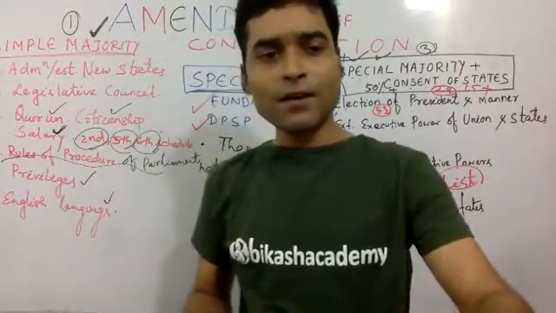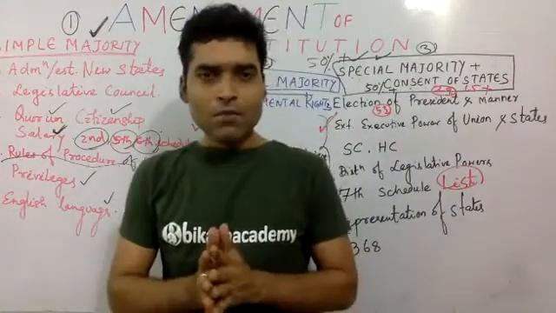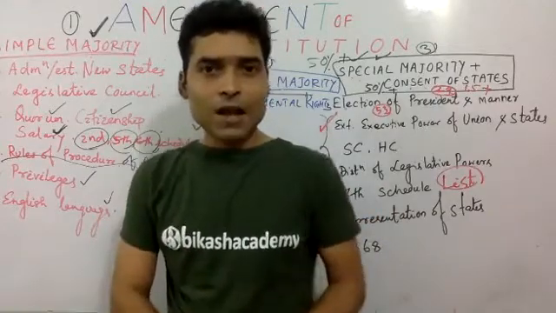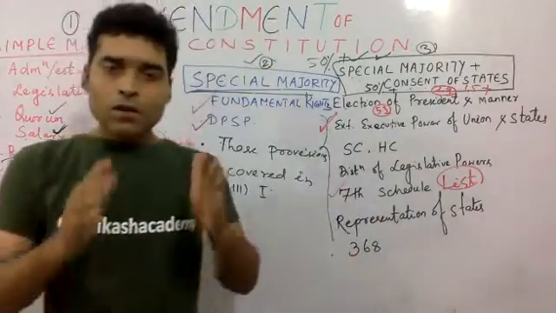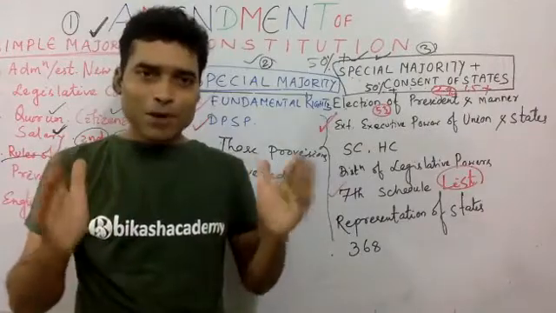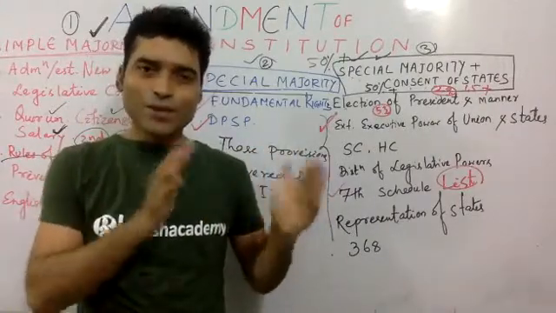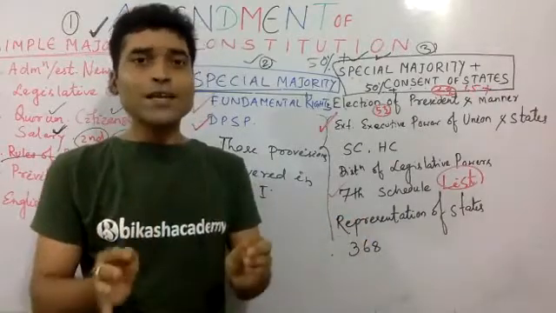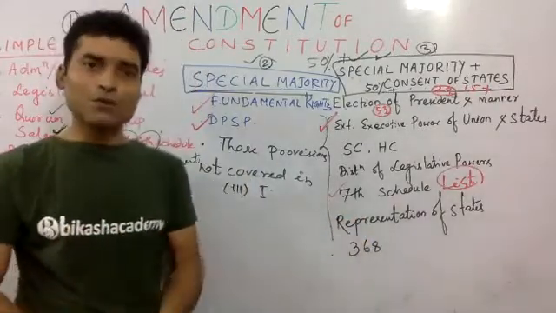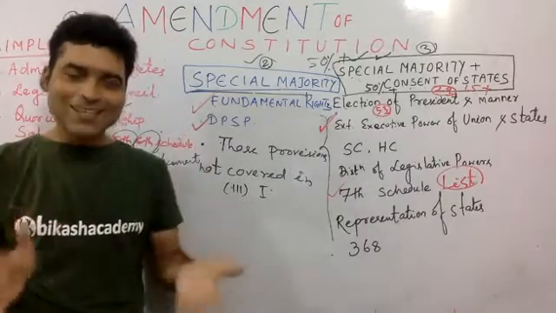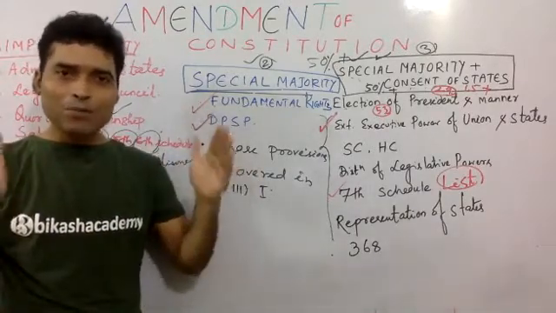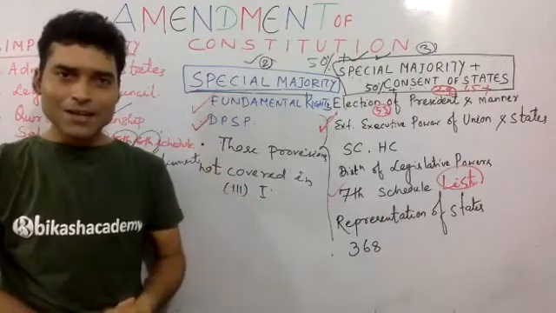Lastly, please remember, because many times, a good number of times, questions are asked, right? Is the President's permission required for the amendment bill? No. Under which article does amendment of the Indian Constitution come? 368. How many types of amendment procedure or methods are there? 3 types.